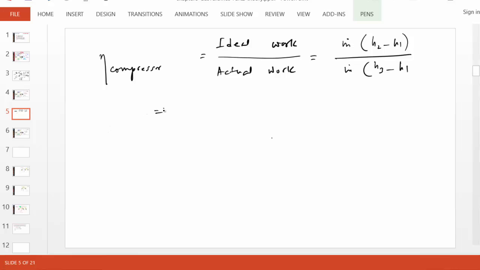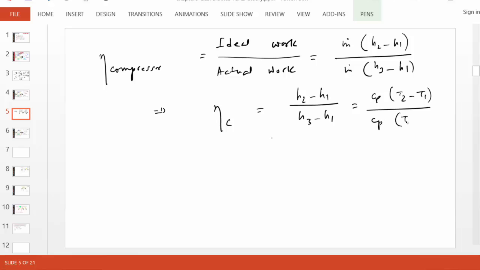So therefore, the compressor efficiency, if we use the PG model, so if we know the compressor efficiency and if we know T1, we can find T3.